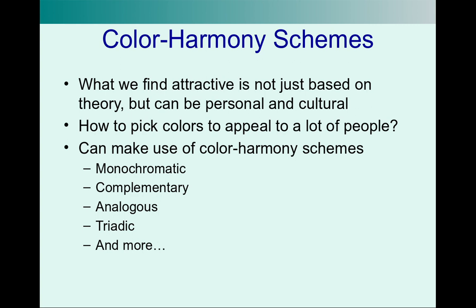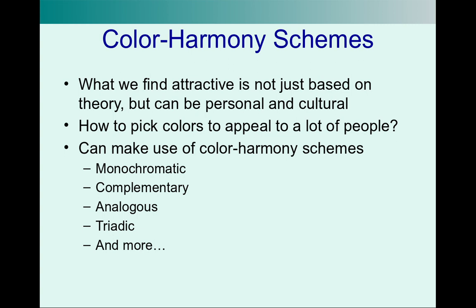Now, there are some color harmony schemes. If you consider human beings, they all perceive different things based on their personal characteristics and culture. For example, a color can be taken to be good or bad based on personal likings or depending on cultural values as well.